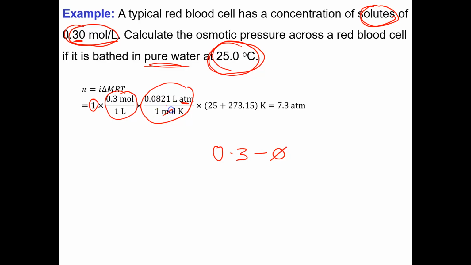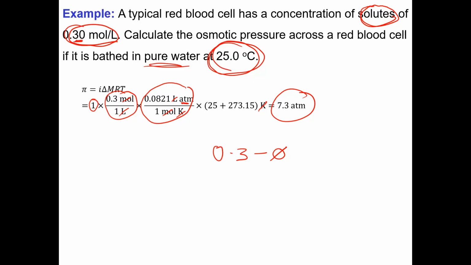So if we do all of that, and then we check our units, we see that what we have are units for atm. So 7.3 atm is the pressure. So 7 times atmospheric pressure.